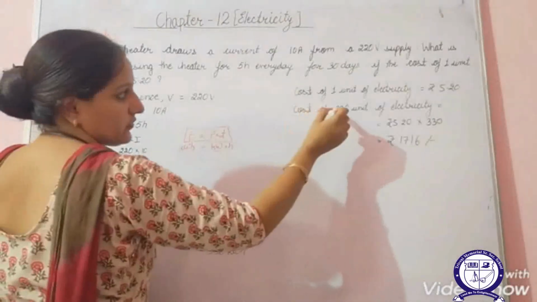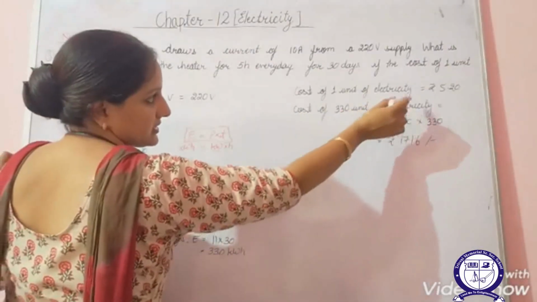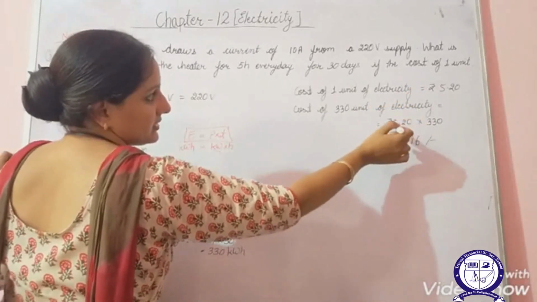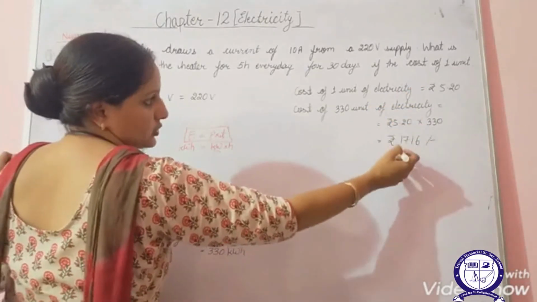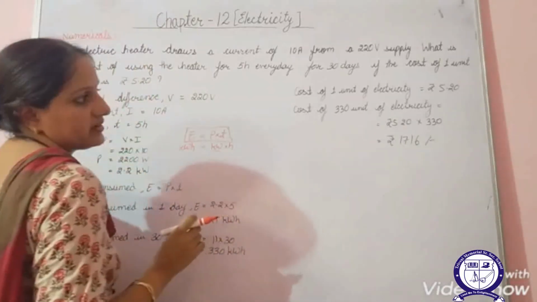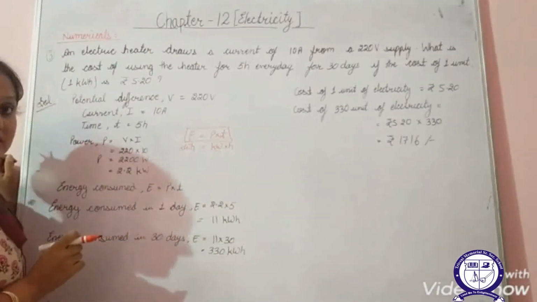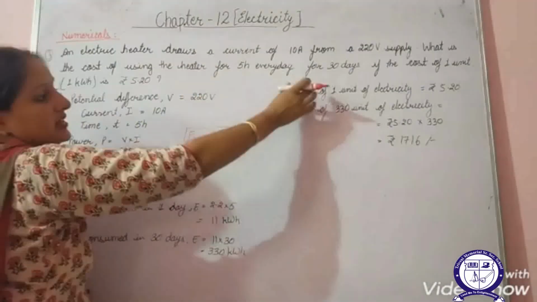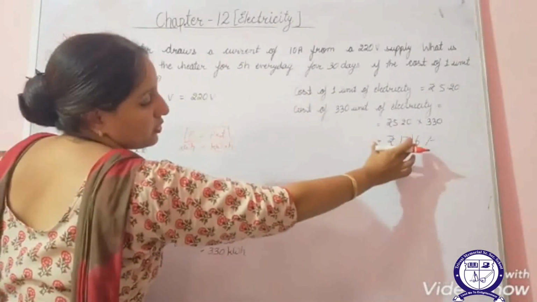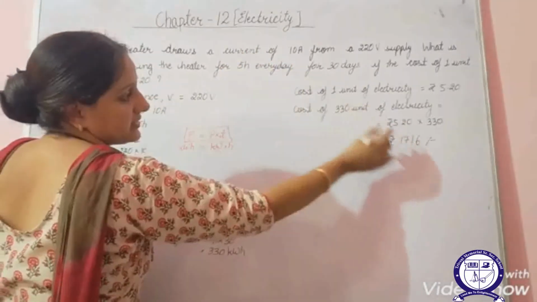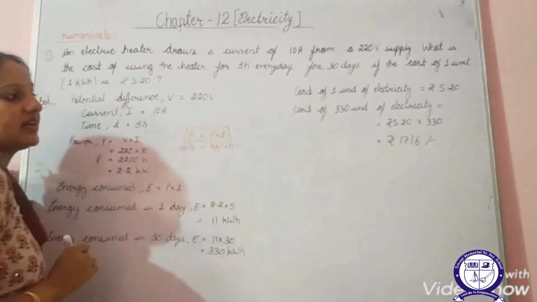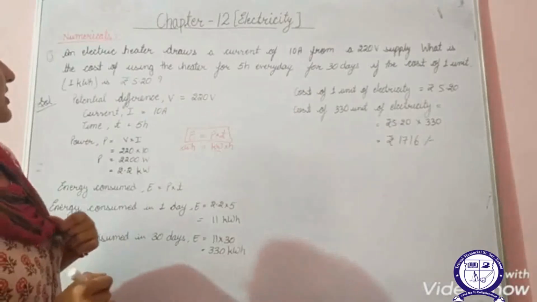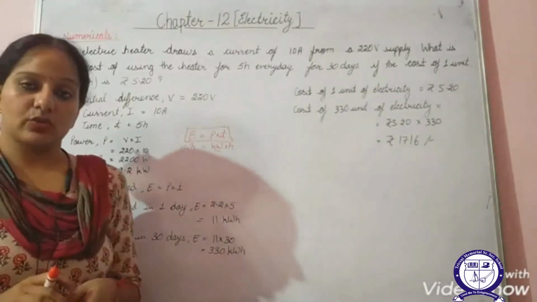So we'll calculate the cost of 330 units of electricity by multiplying 330 with 5.20. On solving, we'll get it to be rupees 1716. That means when this electric heater is operated for 5 hours for 30 days, the cost of energy consumed by it will be rupees 1716. With this, the chapter Electricity is over.